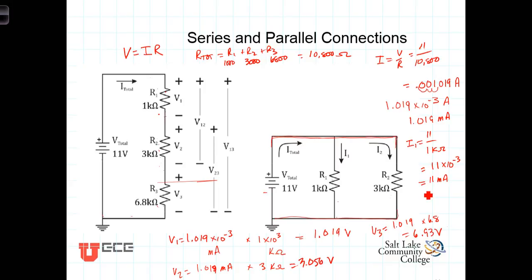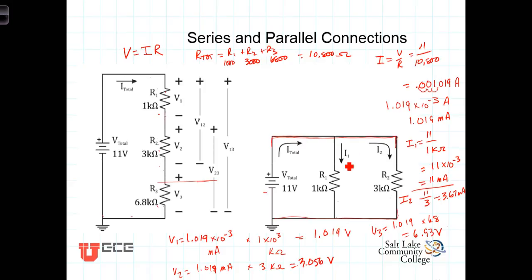And similarly, the current I2, which is the current through R2, would equal the 11 volts divided by the 3 kiloohms, which is equal to 3.67 milliamps.